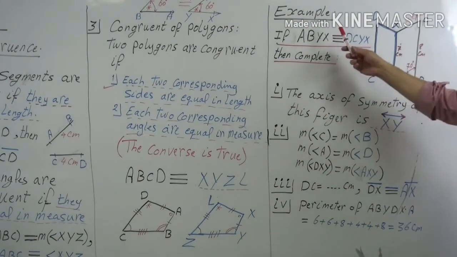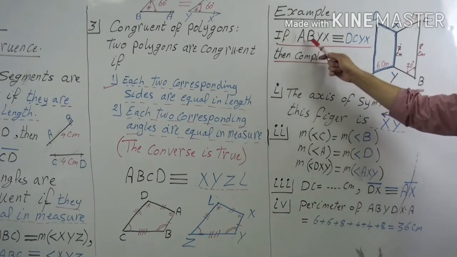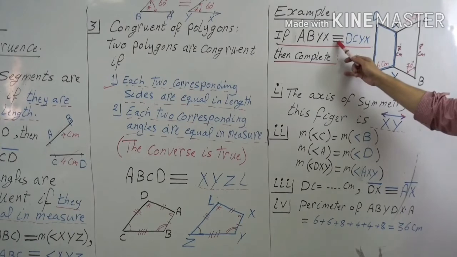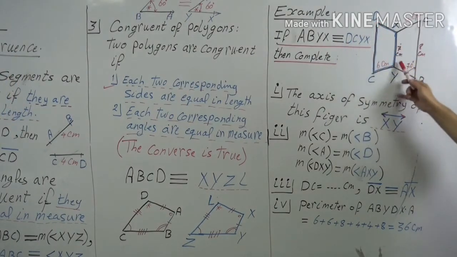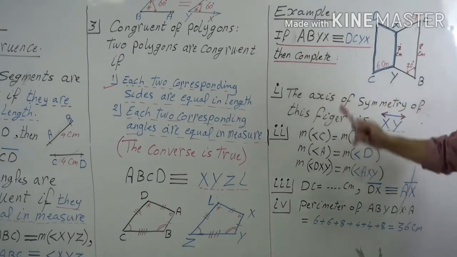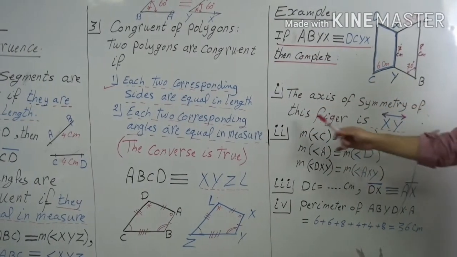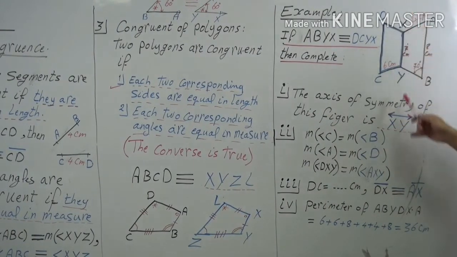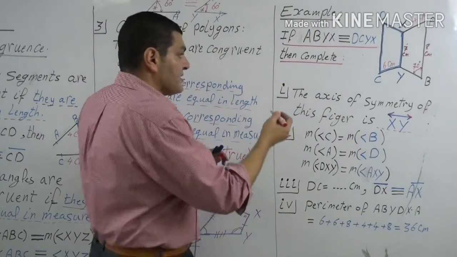Let's see this example. If ABYX is congruent to DCYX, then complete: the axis of symmetry of this figure is the straight line XY. The axis of symmetry must be a straight line.